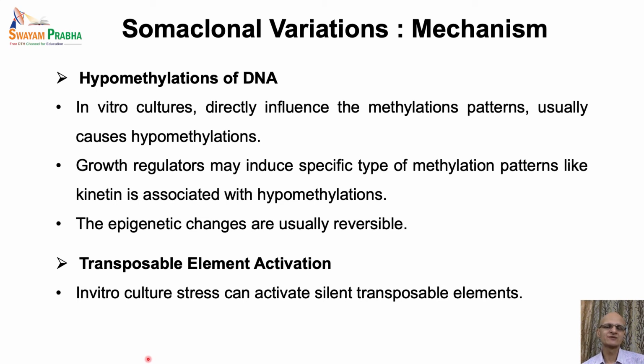It has been observed that the activity of transposable elements usually increases in in vitro cultures of plants. So tissue culture stress can activate transposable elements that were silent earlier, and this may result in the accumulation of genetic variations in the somaclones because of their activity.